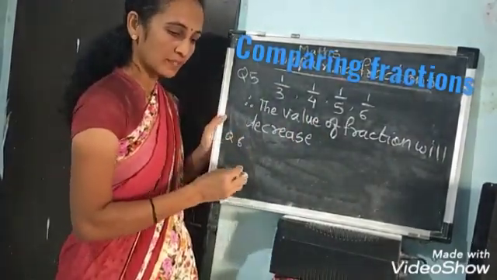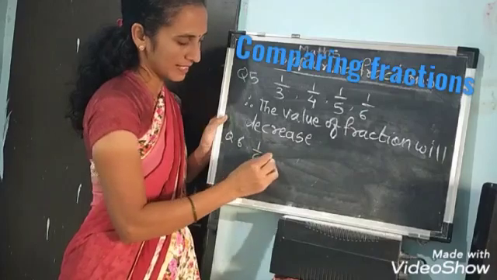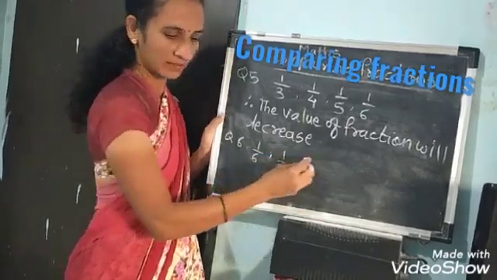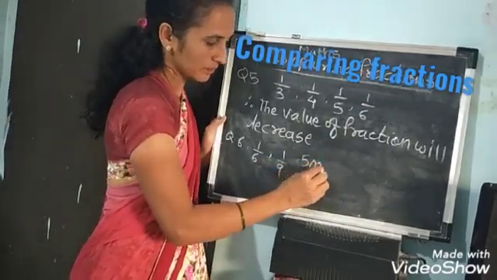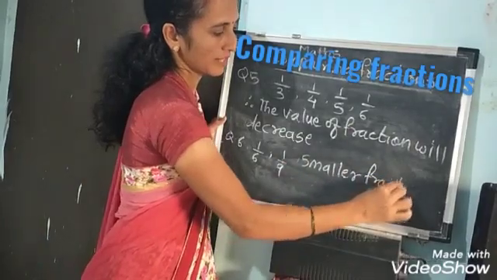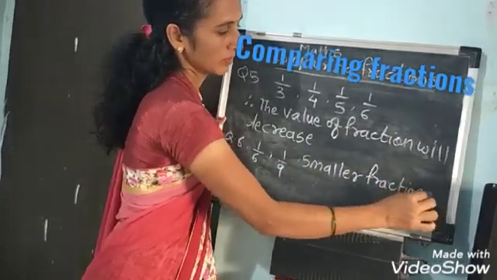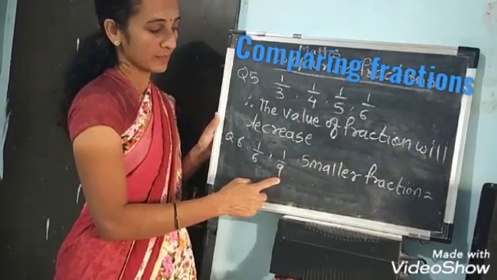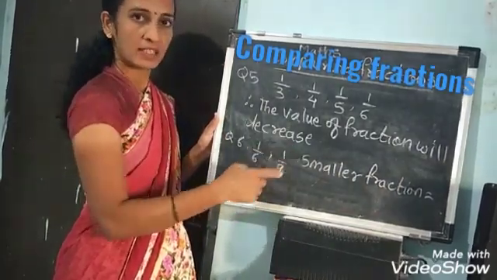Sixth question. Which is the smaller fraction from 1 upon 6 and 1 upon 9? And why? If the denominator is bigger, that fraction is smaller.